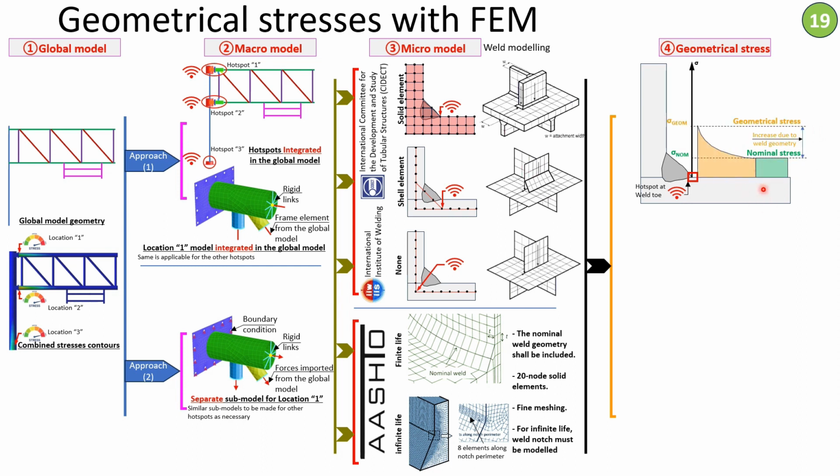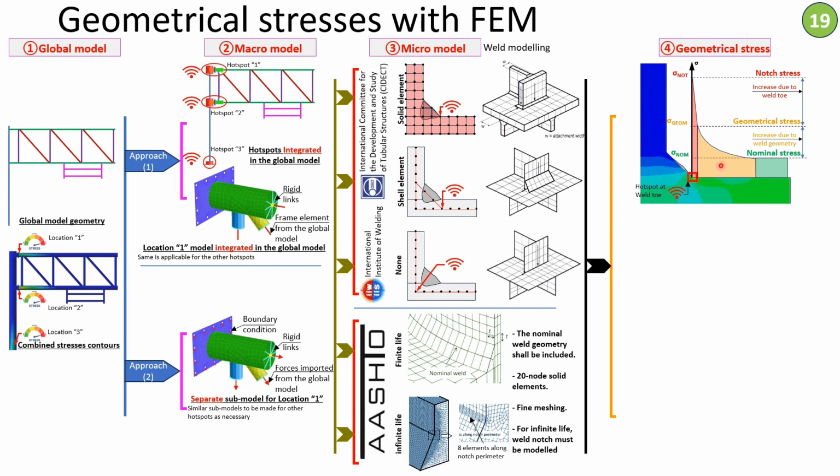Once you get closer to the weld toe, a jump in stresses happens due to the weld geometry. Once you reach the weld toe itself, right at the weld toe, another big jump happens in the stresses, and that's due to the notch effect created by the weld in the parent metal, and this is called notch stresses. Now you have your finite element stresses.